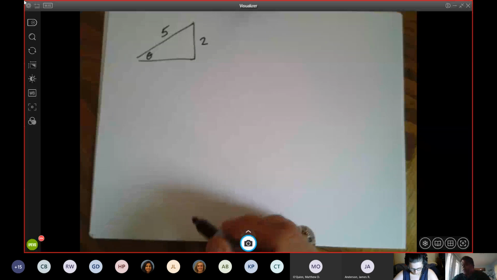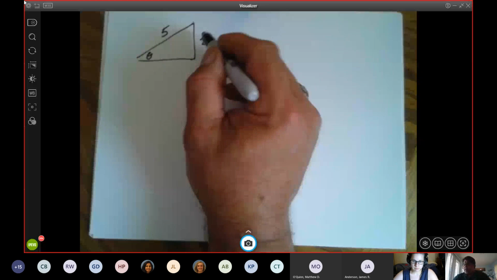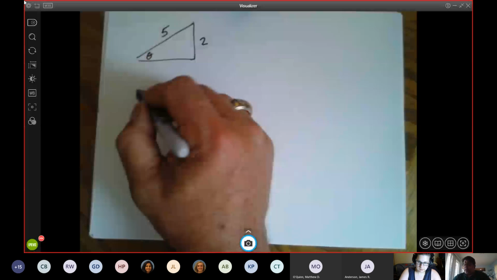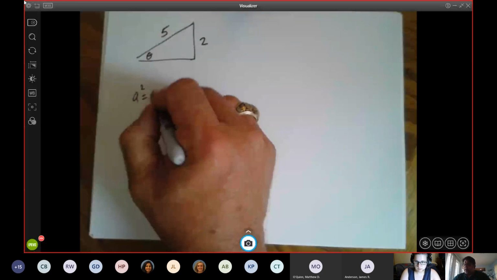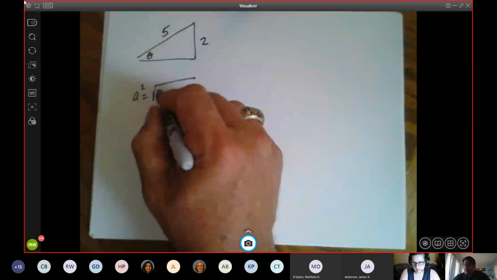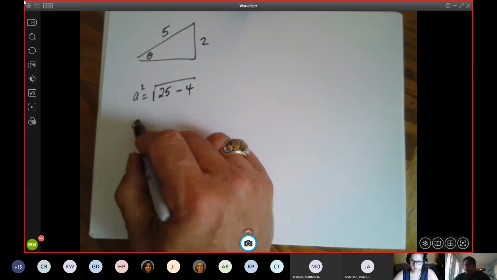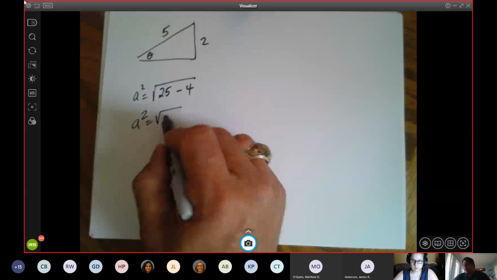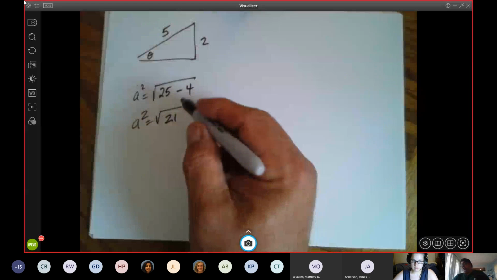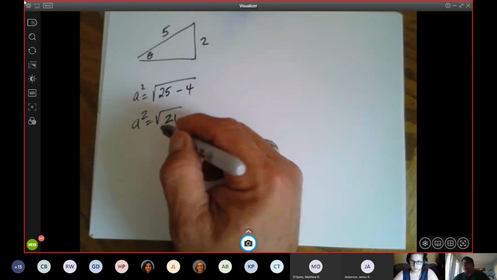Make sure you know this is going to be 5 squared. A squared is equal to 5 squared, which is 25, minus 4. A squared is equal to 21, so the side is the square root of 21, which I'm going to just leave as the square root of 21.